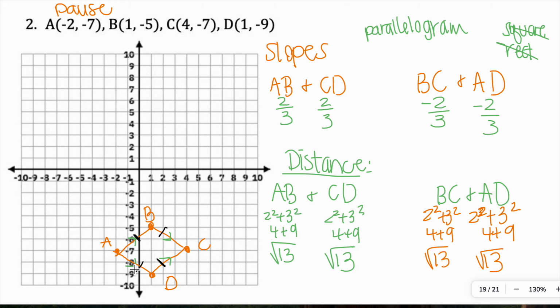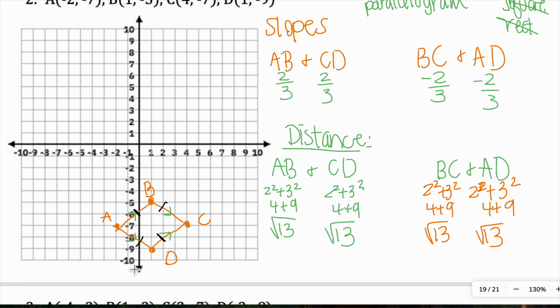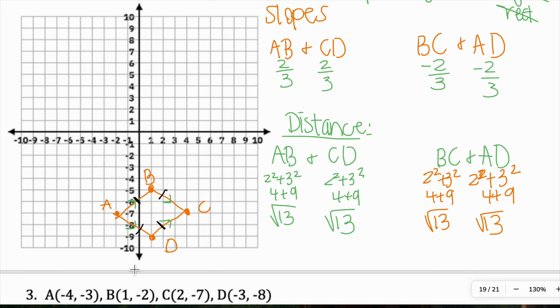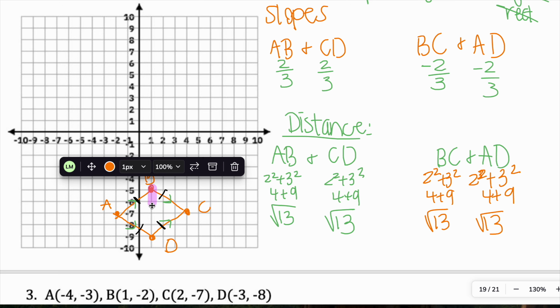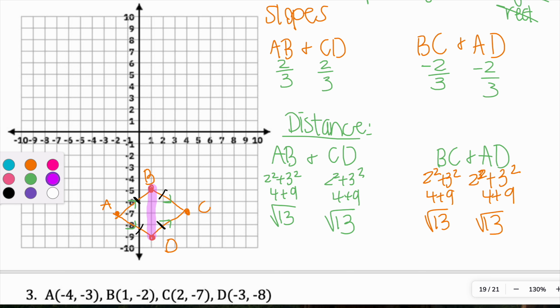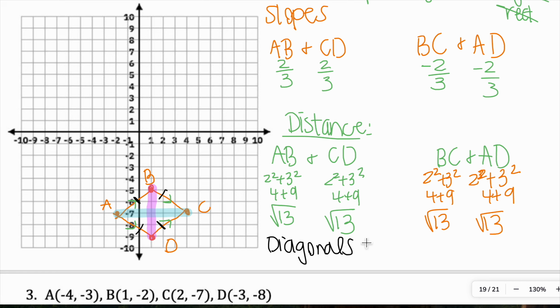Now, something else to consider is your diagonal slope, your slope of their diagonals. I'm going to see if I can do this with the highlighter. From B to D, that's a slope 0. And from A to C is a slope undefined. So what I conclude about my diagonals are perpendicular slopes.